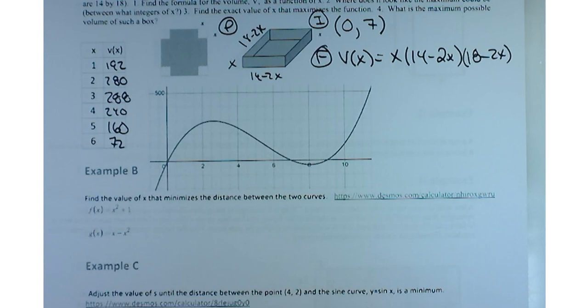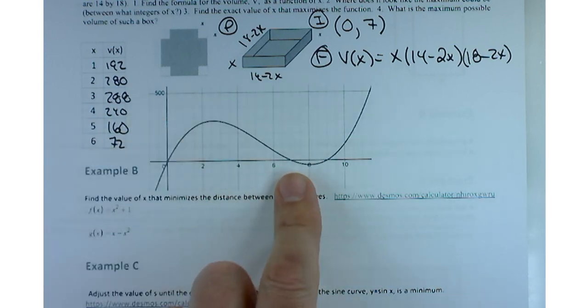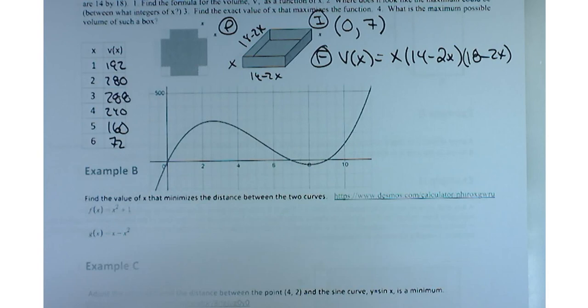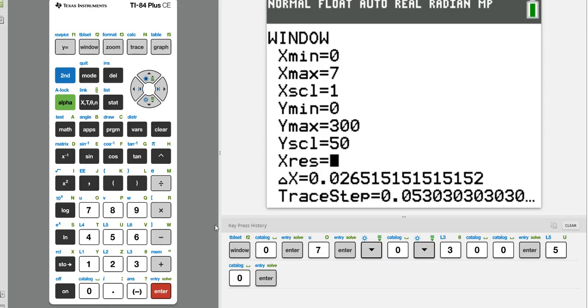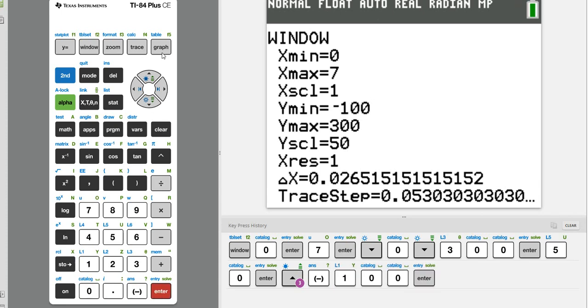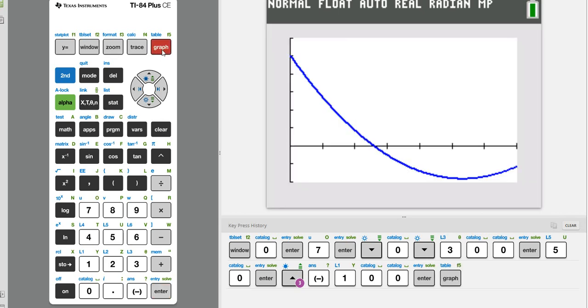And I am going to need to see a little bit below the x-axis, so let me change this up a little bit. Let's say y min maybe negative 100. We can always go back and adjust this as needed. And that works pretty good.